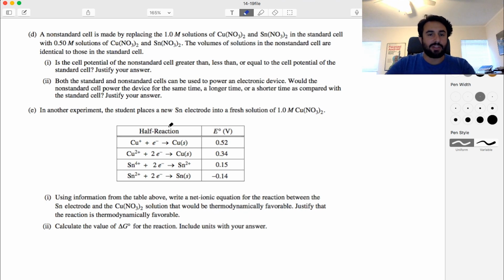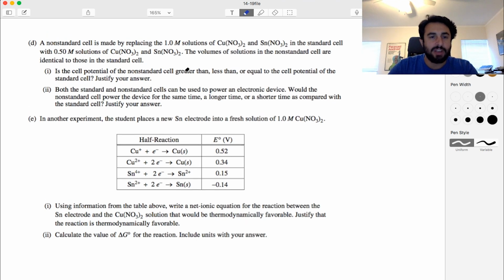So the questions that follow, right? The volumes of solutions are the same, but the concentrations are cut in half for the non-standard solution. Is the cell potential of the non-standard cell greater than, less than, or equal to the cell potential of the standard cell? So what we need to understand here, this may or may not be intuitive, but the reaction quotient here, we're just talking about, right, we're producing tin 2 plus ions, and we're using up copper 2 plus ions.